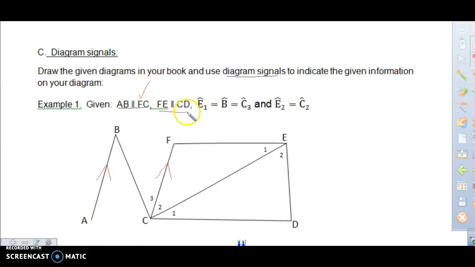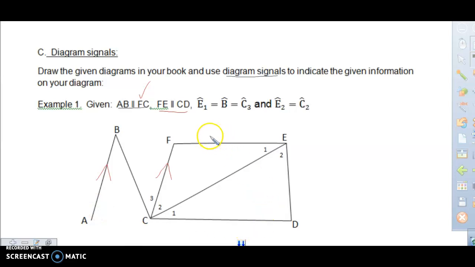So the second given piece of information that I have, again I've got 2 points from F to E, so this is from F to E, which means it's this side. FE is parallel to the side from C to D, because that's also 2 points. So it's parallel to this side, which is from C to D. So to show that this is not the same parallel side as these two, I'm now going to put in 2 arrows there.